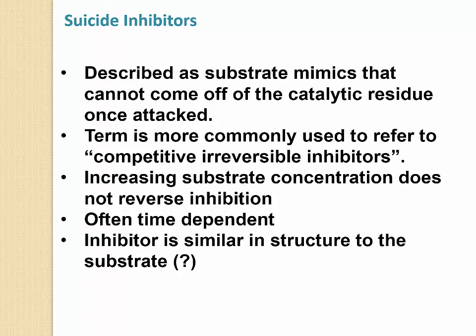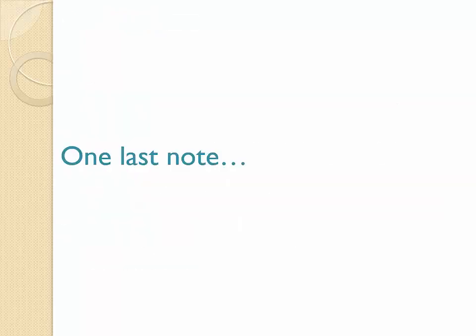So they look like the substrate, except they have a chemically reactive point where catalysis occurs. So instead of simply producing product and being released, it actually forms a covalent bond to the enzyme. So you might hear these as competitive irreversible inhibitors because they're competitive because they bind to the active site like the substrate does, but they're irreversible because catalysis takes place and the enzyme is removed. Often time dependent, their structure is going to be similar except for the reactive mode.